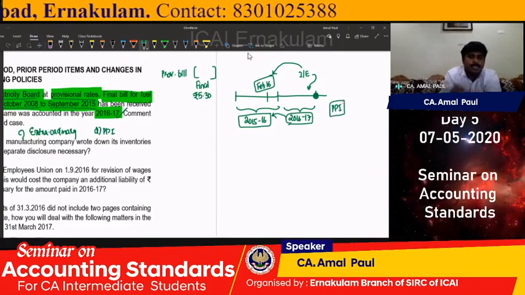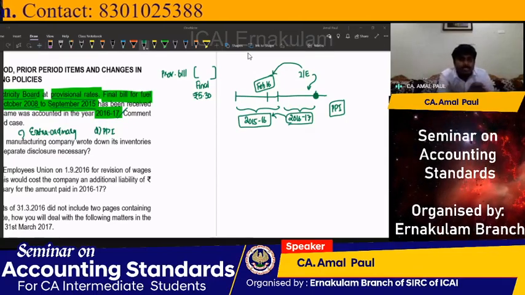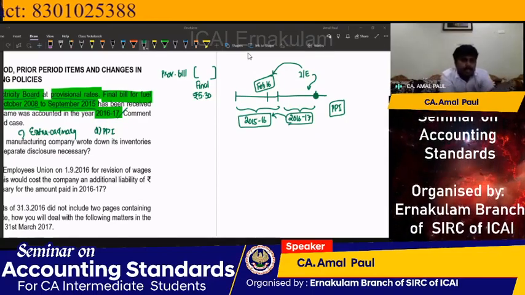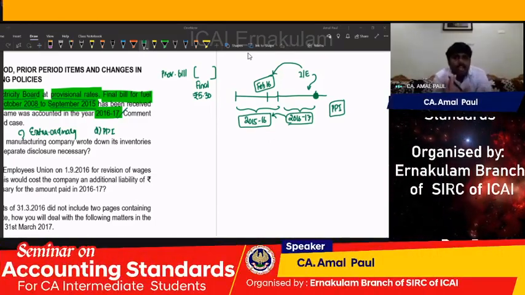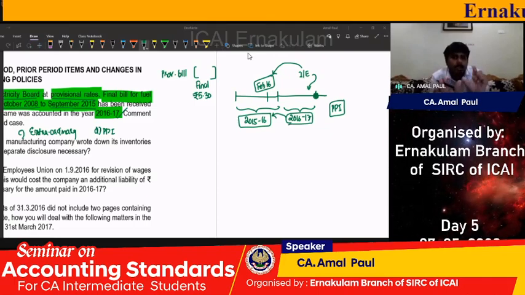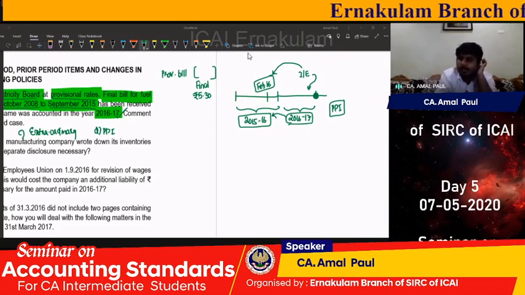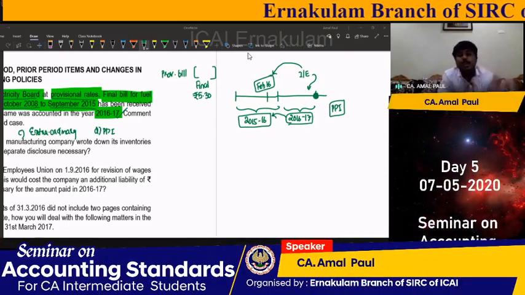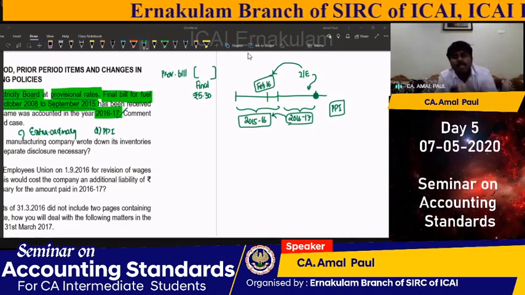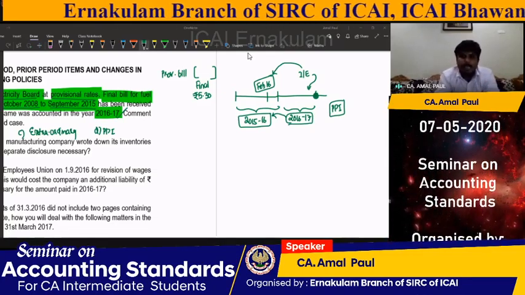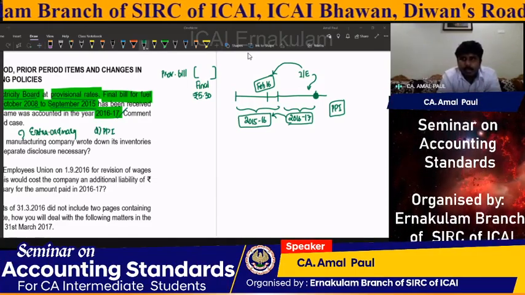This is not treated as a prior period item merely because it relates to 2008 to 2015. We treat it as a prior period item only because there was an error or omission in the 15-16 financial statements. They omitted to record this transaction in February 2016. That is the reason we treat it as a prior period item. Are you clear with this?